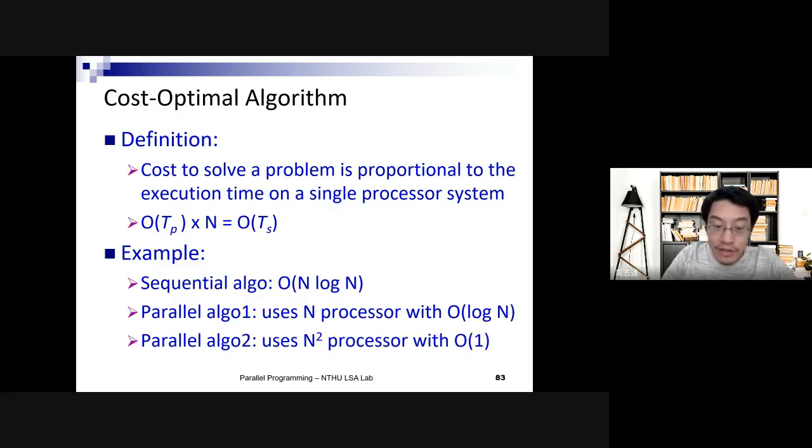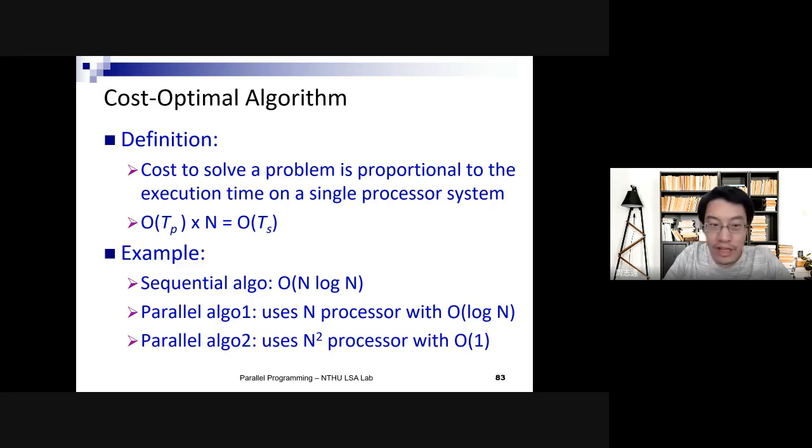However, it's very likely, and we will show this, that there are parallel algorithms that use more processors, for example n squared processors, and achieve an ideal, the best, optimal O(1), a constant complexity. So you might think this is great, right?